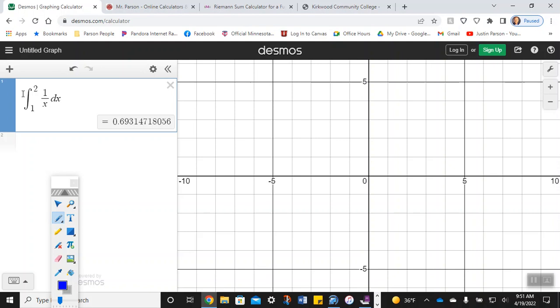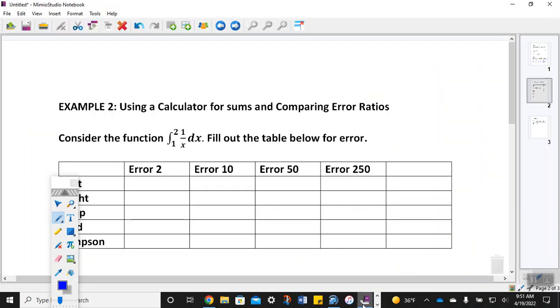So 69315. Okay, so I'm going to write right up here by decimals. We know that the actual for this is, what did I say, 0.69315? Yep. The actual value for this is 0.69315. And even at that, that's still an approximation, because did I get all the decimals in there? Nope. Okay. All right.